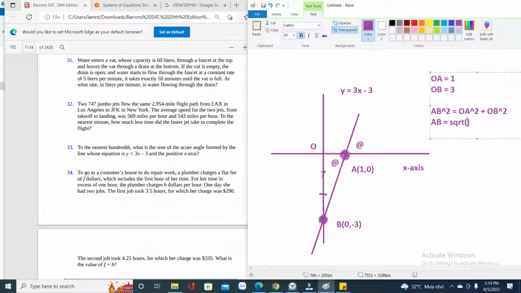Because triangle OAB is a right triangle, so we can apply the Pythagorean theorem. So AB is the square root of 1 squared plus 3 squared, which is the square root of 10. Okay.